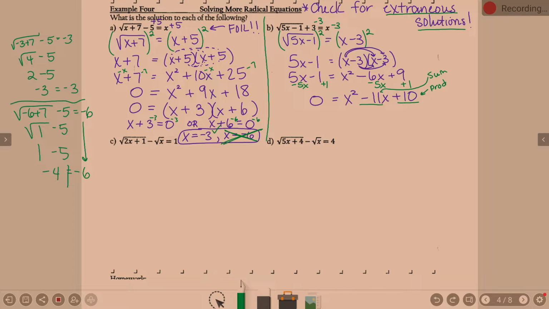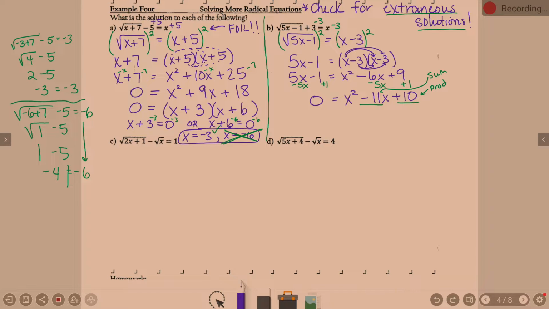What multiplies to be 10? Generally speaking, 1 and 10 or 2 and 5. Which one could possibly give me 11? 1 and 10, right? Because 1 plus 10 is 11. So that's what I have to think there.